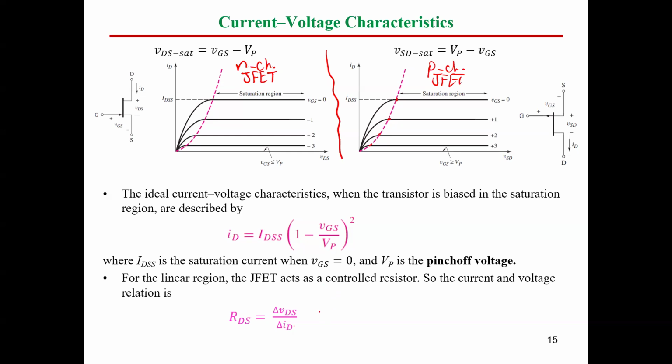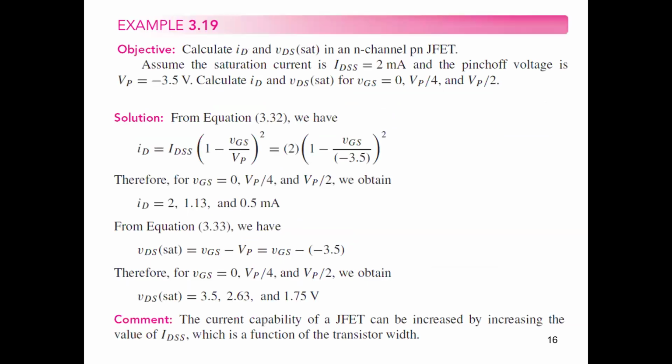So I prefer to have the same here also in the JFET. Okay, so this is now, guys, the operation and characteristic of the junction, or PN junction, FET. Let's start solving some questions.